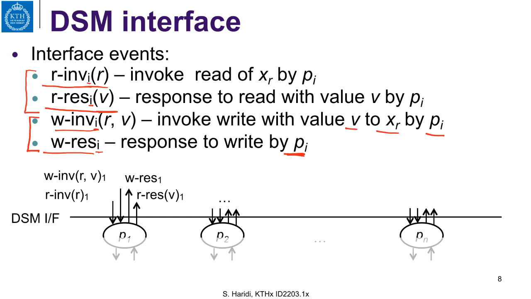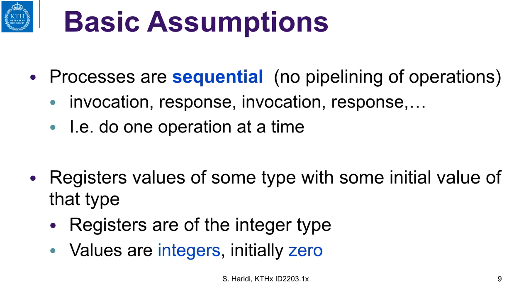So let us now talk about basic assumptions in the context of shared memory. As you can see, when we return a response, we did not specify which operation was done. And why is that? Because we are actually assuming that processes are sequential. So in the whole lecture, processes are sequential. There is no pipelining of operations. And what does this imply?